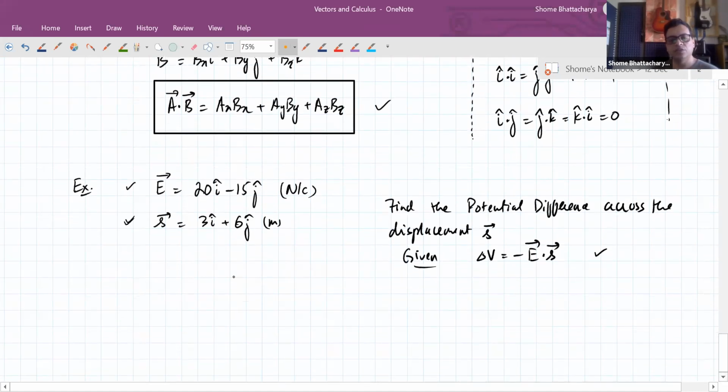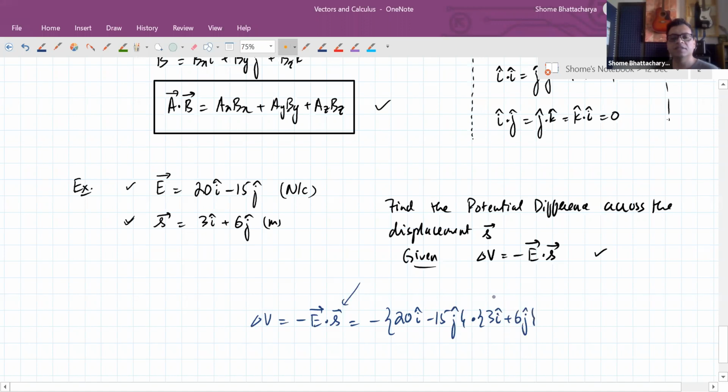So the calculation of this potential difference will come from this application. So it is negative of this vector 20 I cap minus 15 J cap, dot product with 3 I cap plus 6 J cap.